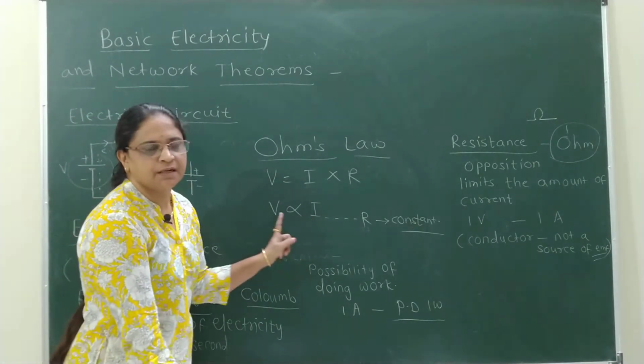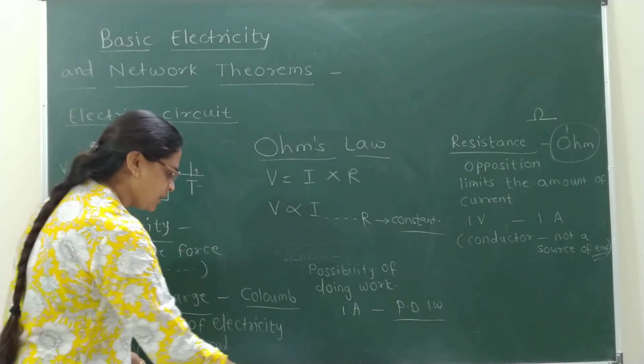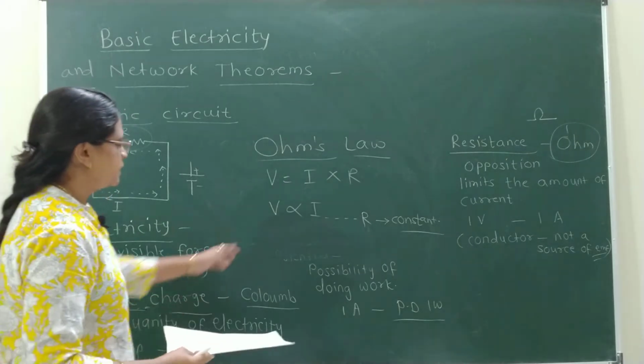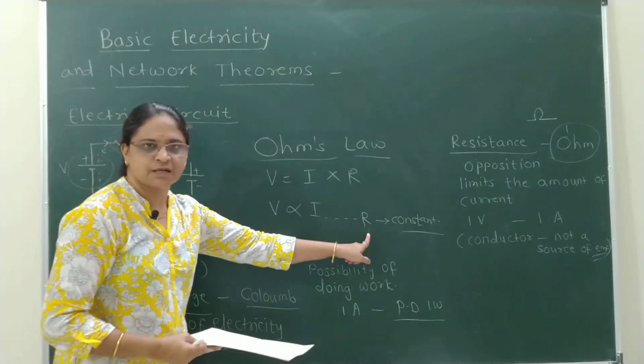Then the generated current is always proportional to applied voltage. So we have to always remember that the current I flowing through the circuit is always proportional to applied voltage, provided resistance in the circuit is constant.